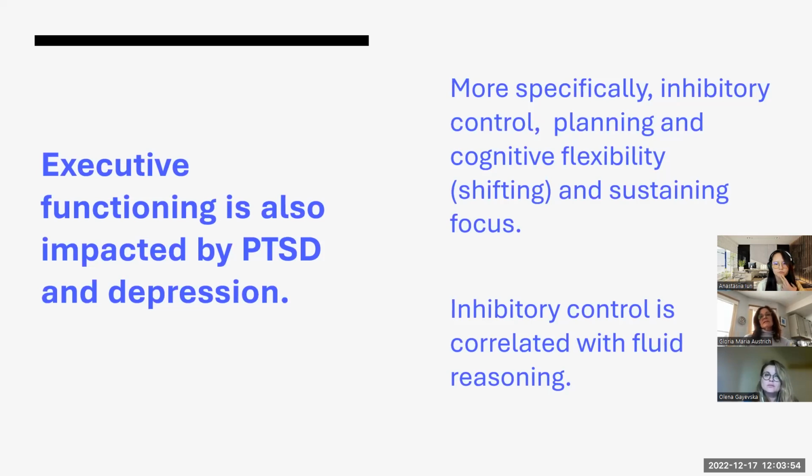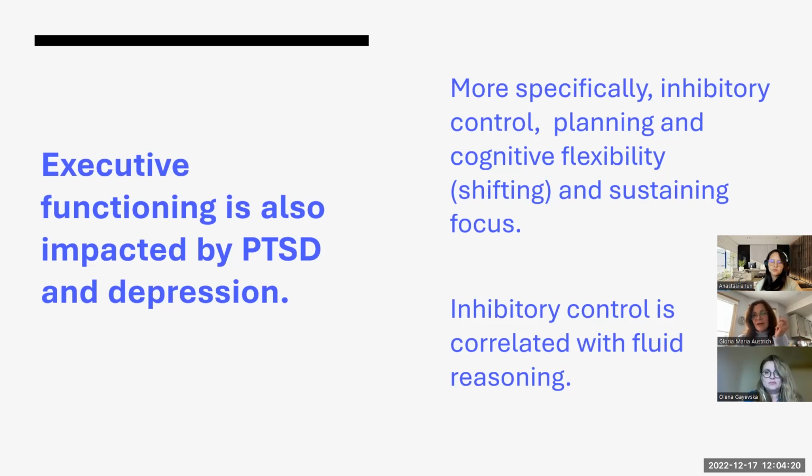One of the things that the study I read in particular indicated was that inhibitory control is really correlated with fluid reasoning. If you're doing a fluid reasoning task, if you're trying to analyze and recognize that a strategy can be used for a particular situation, and you are suffering from depression or from trauma, you're not going to be fluid like that.